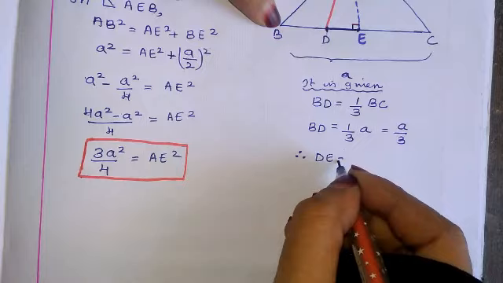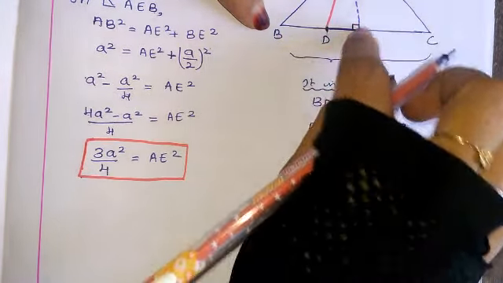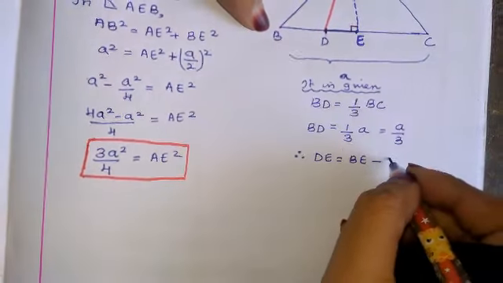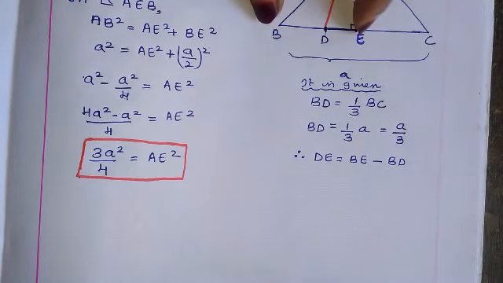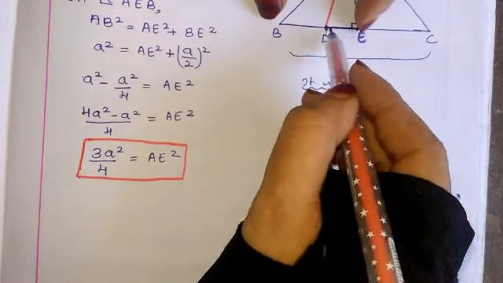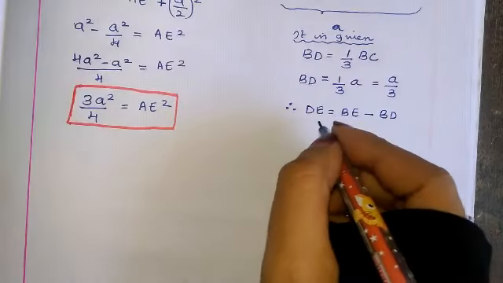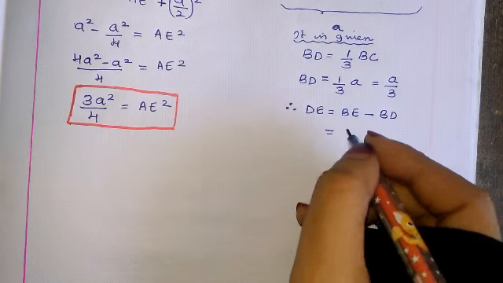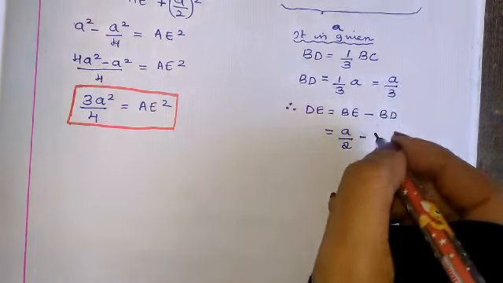DE is equal to BE minus BD. From the full BE, if we remove BD, we get DE. We can see BE is the full part. DE we don't know, but BE we know: BE is a by 2 minus BD, which we just got as a by 3.